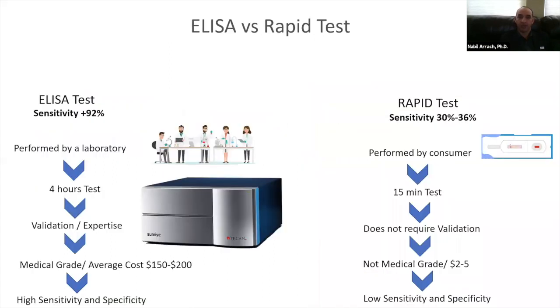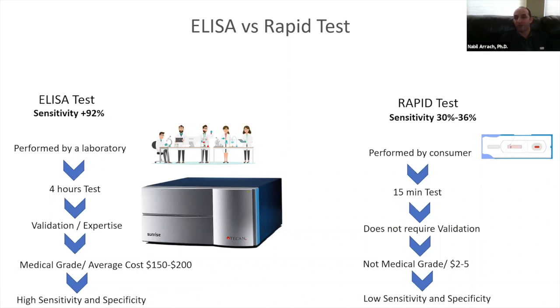So when we compare these two tests, the ELISA test and the rapid test, one is reporting at least 92% sensitivity. The other one is 30 to 36, according to what we have gathered so far. The first one is performed by laboratory professional staff and scientists.